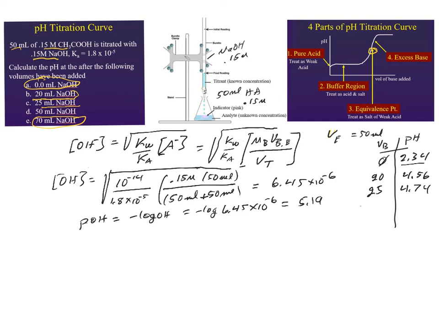And we know that pH equals 14 minus pOH, which is equal to 14 minus 5.19, which is equal to 8.81, because pH plus pOH equals 14. Okay, so at 50 mils, we have a pH of 8.81, and notice that the equivalence point is basic because we have the salt of a weak acid, which is basic.